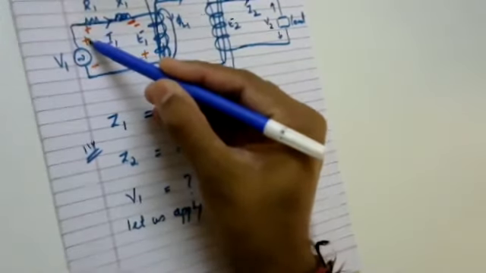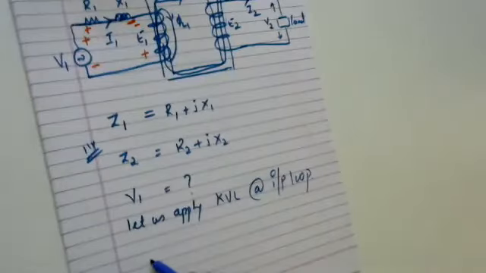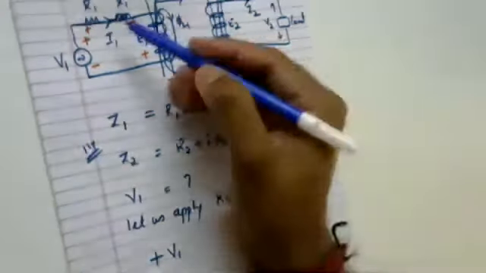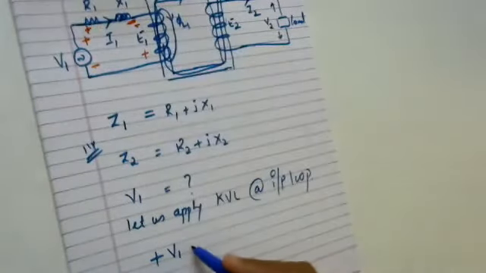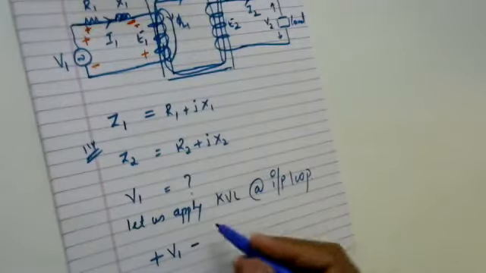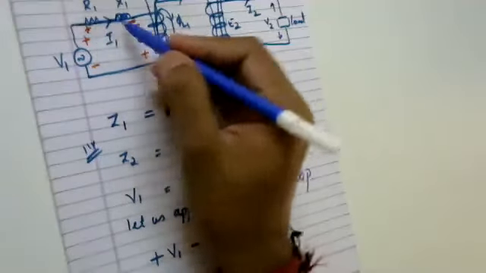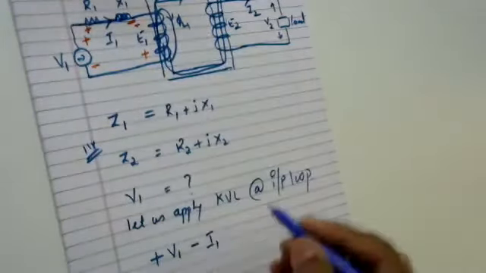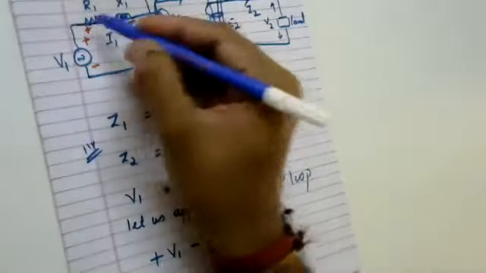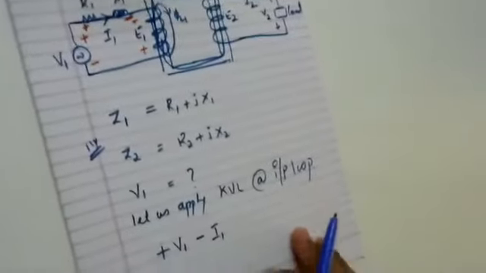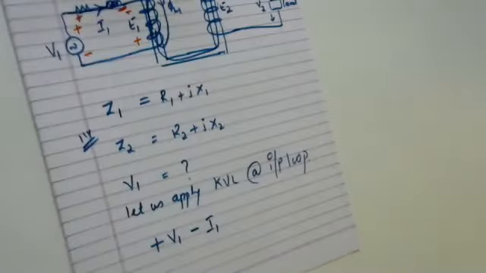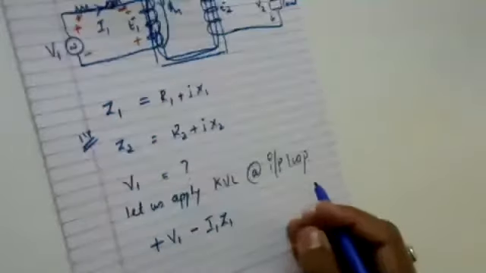Negative to positive, it is positive, so I'll write this as plus V1. Agreed? Then next, I'm moving from positive to negative, so this is minus. The current flowing into the loop is I1 and the impedance offered together is Z1. So I can write this as minus I1 into Z1.